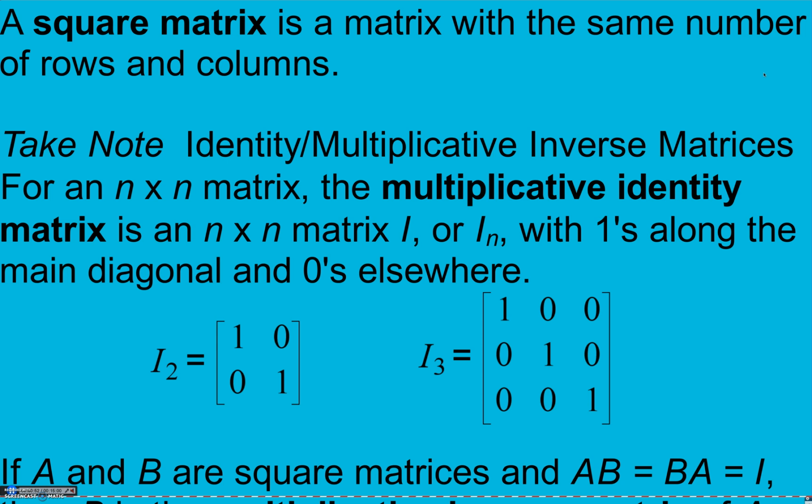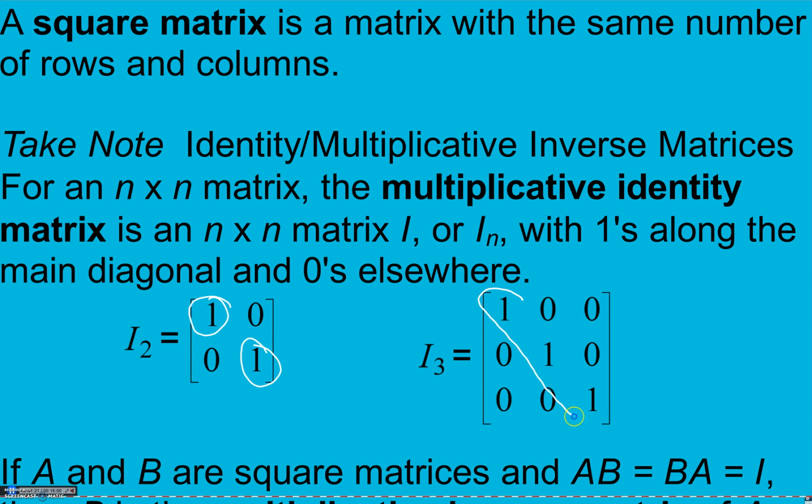It says for an n by n matrix, so a square matrix, the multiplicative identity matrix is an n by n matrix I, or I sub n, with ones along the main diagonal and zeros elsewhere. So it has to have ones here, and zeros everywhere else. Ones and zeros.